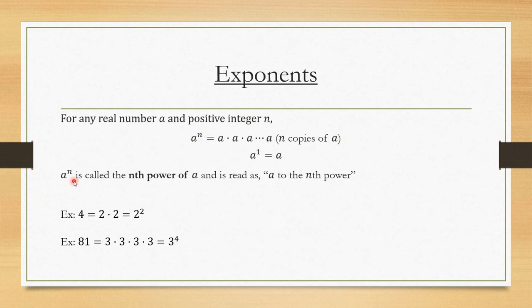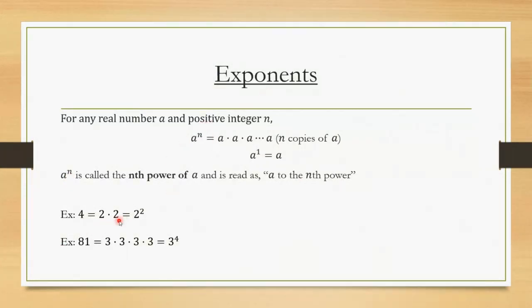And this is really terminology. This is what we call the nth power of a, and this is a to the n, or a to the nth power. The a is called the base, the n is the exponent. And I threw in some examples here. 4 we know is 2 times 2.